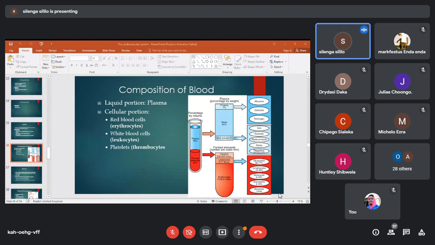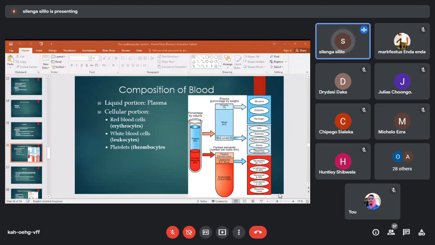I don't know if the simple diagram that I've put there is very clear. Percentage by volume, as we shall see when we are talking about plasma: plasma is 55%, and the blood cells and other constituents are almost 45%. In plasma you have 10% proteins and 91% water. What constitutes these proteins?